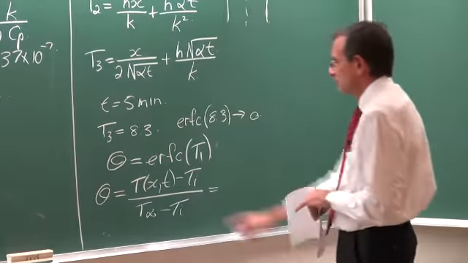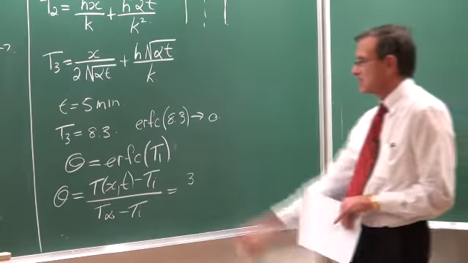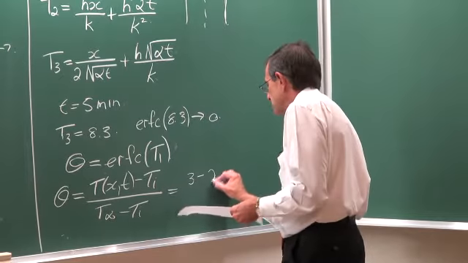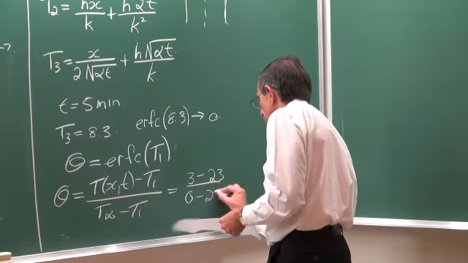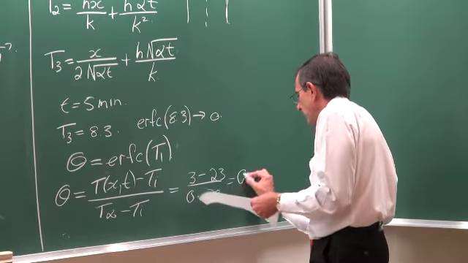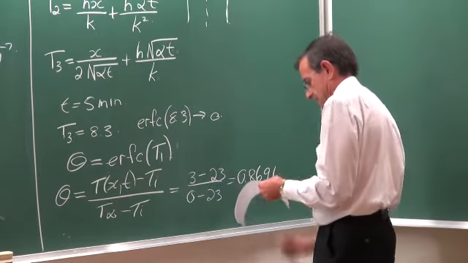We would like to know how long it will take before the temperature is 3 degrees there, minus Ti, which is 23, 0 minus 23, and that gives a non-dimensionalized temperature of 0.8696.